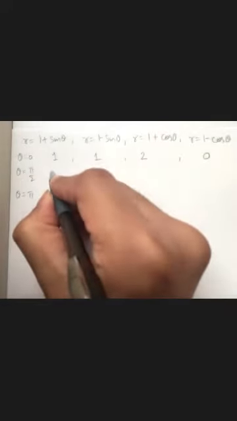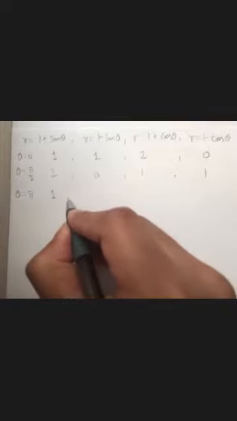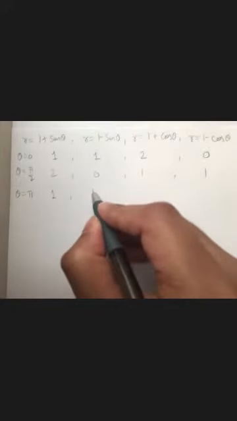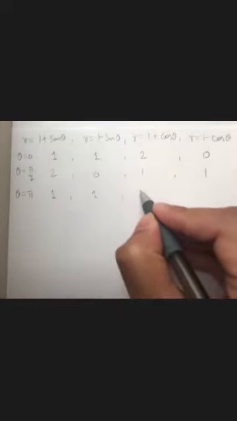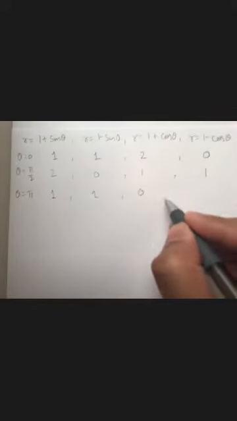So sine theta is 0, cos theta is 1. For pi over 2, sine pi over 2 is 1, cos pi over 2 is 0. For pi, sine pi is 0, cos pi is negative 1.